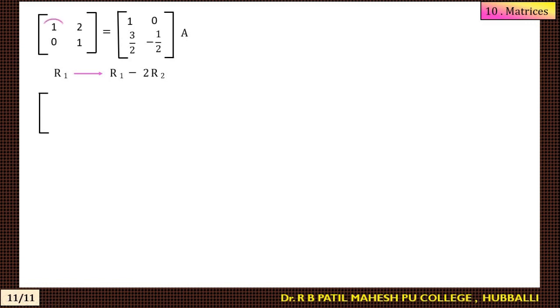So now operating this, first number 1, first row 1 it is, minus, then 2. Now R2 number we have to take, it is a 0. So this simplification 1, this element.